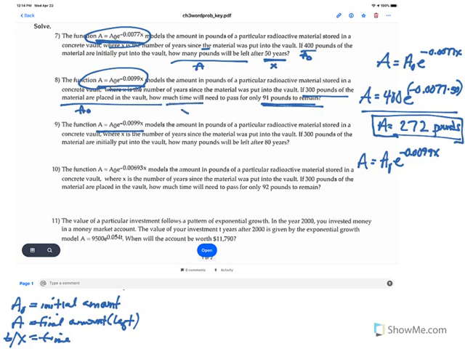How much time means we're looking for x. Remember, whatever's remaining or what's left is the A. So we're looking at 91 equal to 300 e to the negative 0.0099x. On this particular problem, we actually have to solve for x, so there's work we need to do.